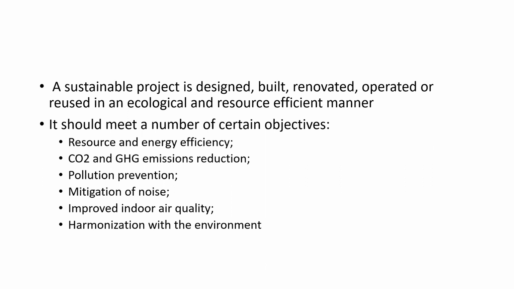The greenhouse gases. CO2 is carbon dioxide. We should make sure the emission of carbon dioxide and other greenhouse gases is reduced to the maximum level in our building process, renovation process, operation process, as well as the reusing of our building construction.